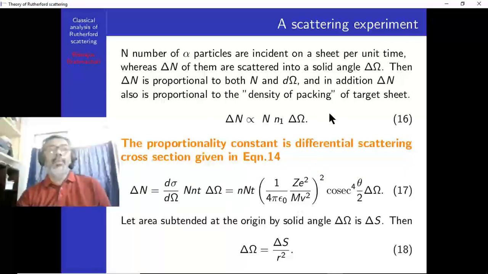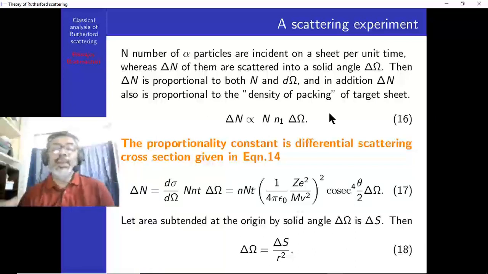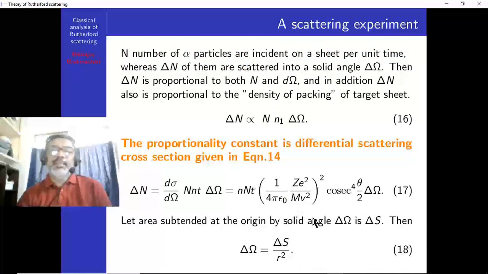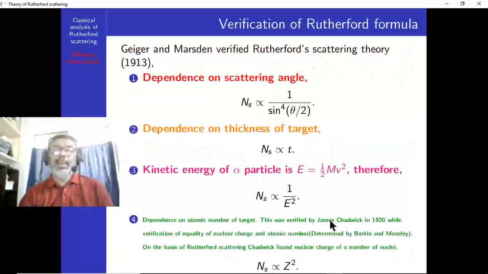Even though they have very large computer codes, if you look inside those codes, you will see scattering cross section, impact parameter, and density of packing. So these concepts are still in use even today.